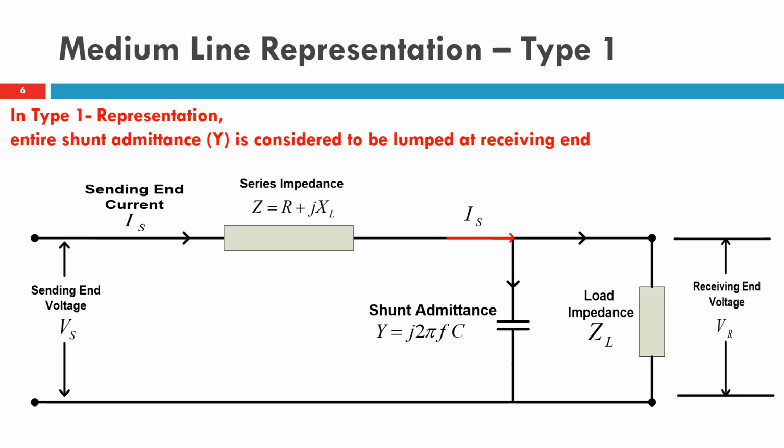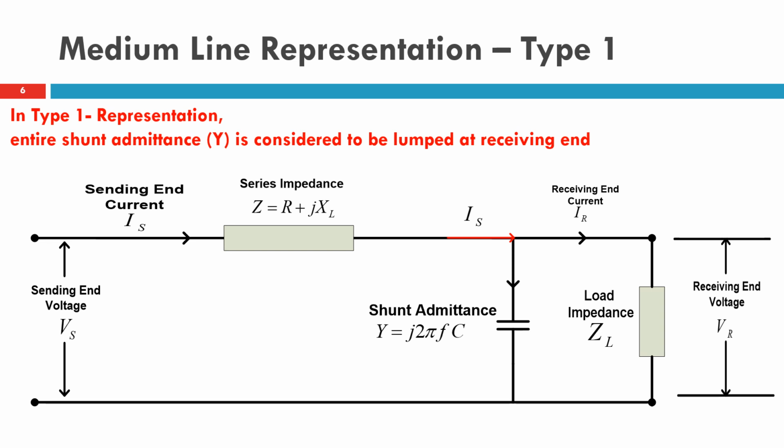At the receiving end, there are two parallel connections: one is the load impedance and the other is the shunt admittance. So the current Is is divided into two currents.